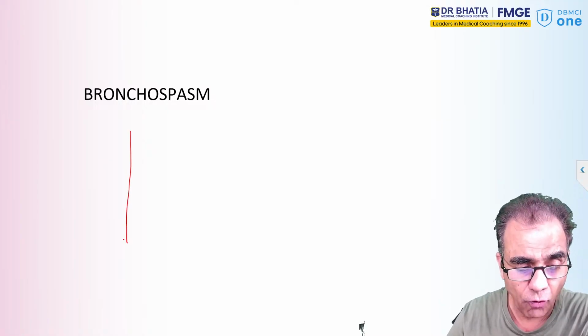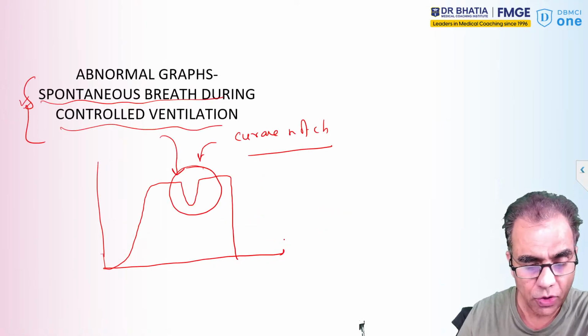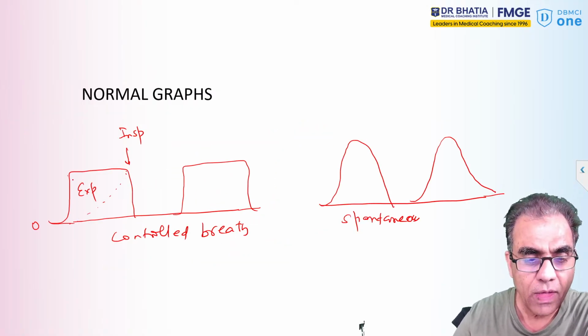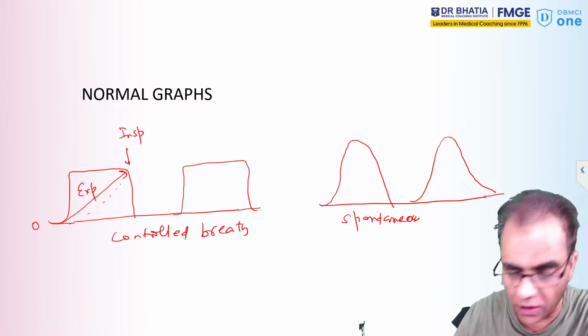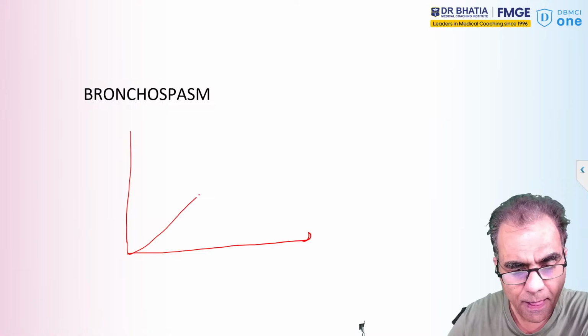Bronchospasm, what you see in bronchospasm, expiration is prolonged. So this is all expiration, and it will be prolonged. So what kind of graph will you see?